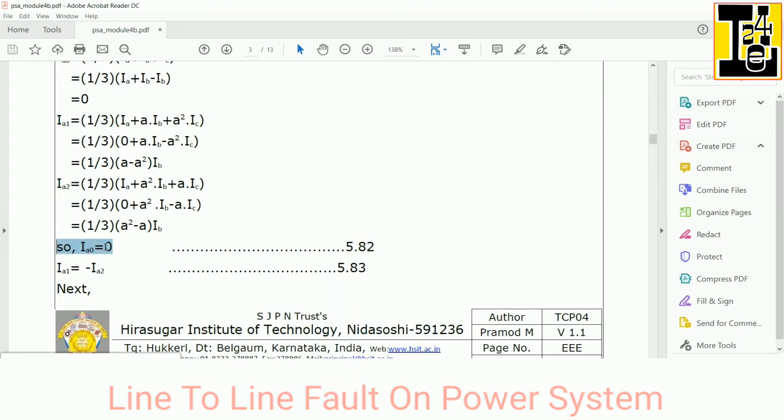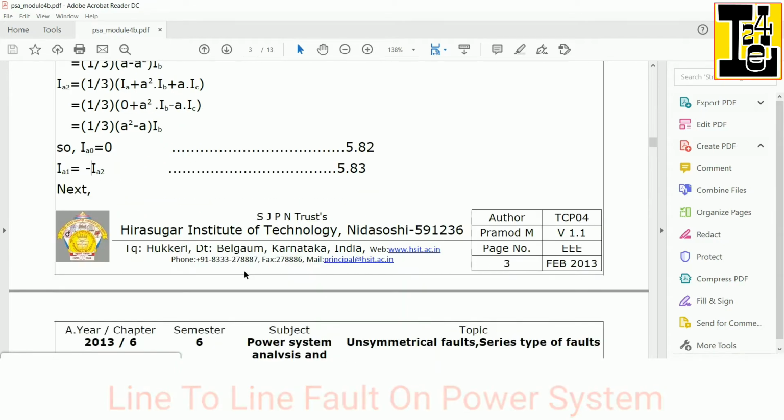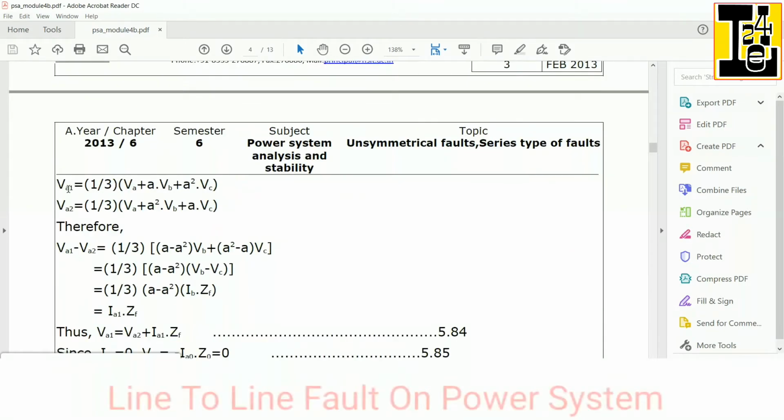So, we can conclude that IA0 equals 0, and IA1 equals minus IA2, that is, IA1 and IA2 are flowing opposite to each other. The minus sign convention says that they are flowing opposite to each other. For the symmetrical components of the terminal voltage, VA1 equals 1/3 into (VA plus aVB plus a squared VC).